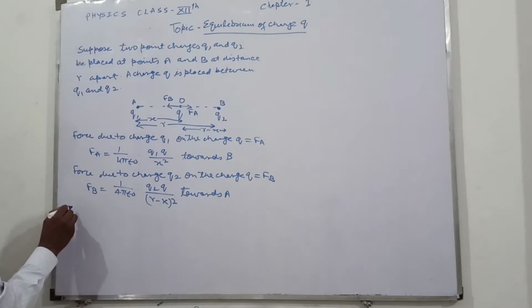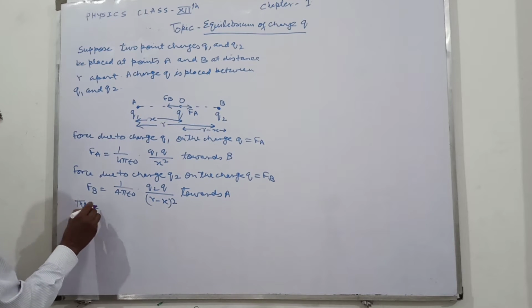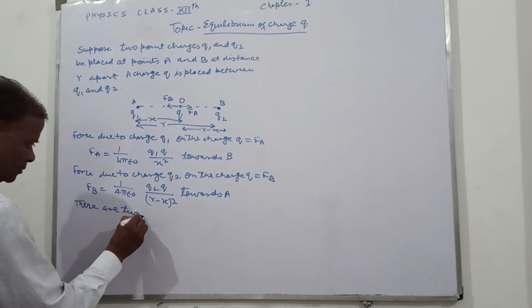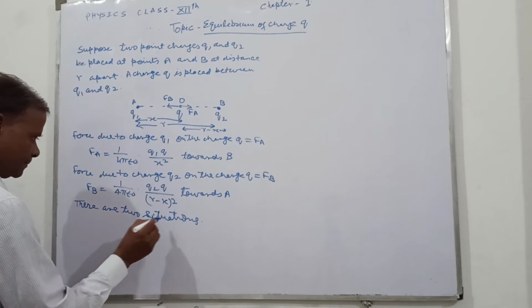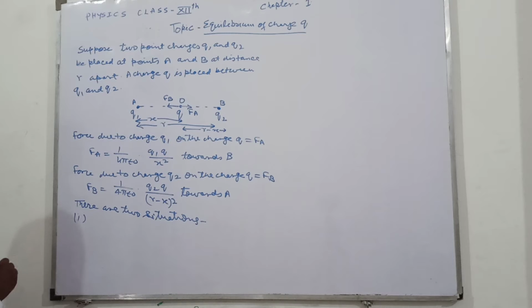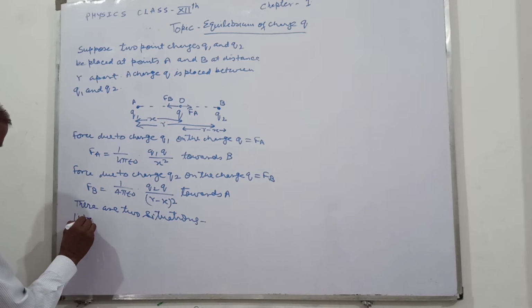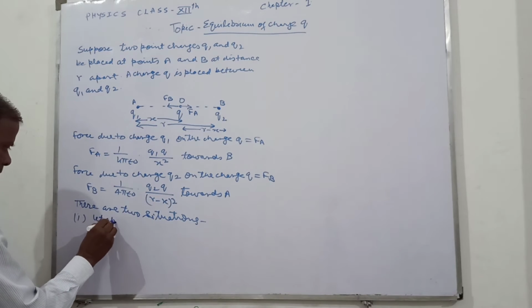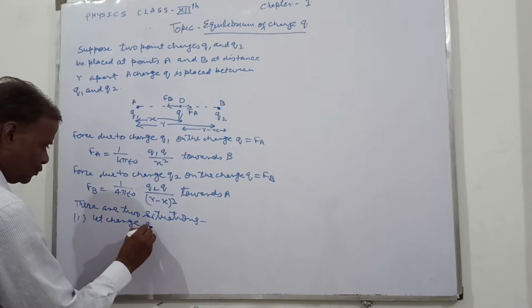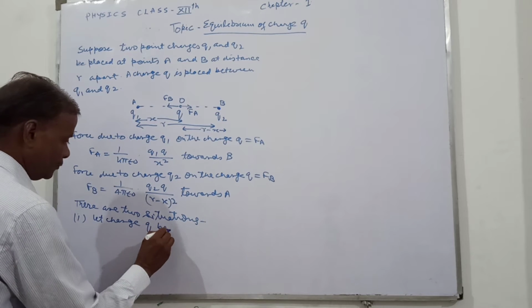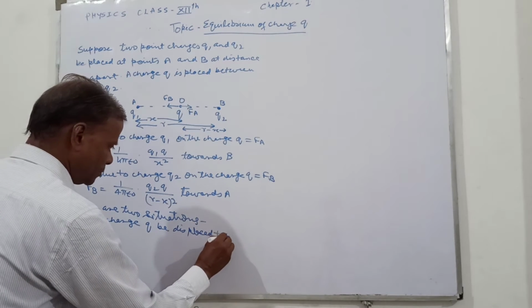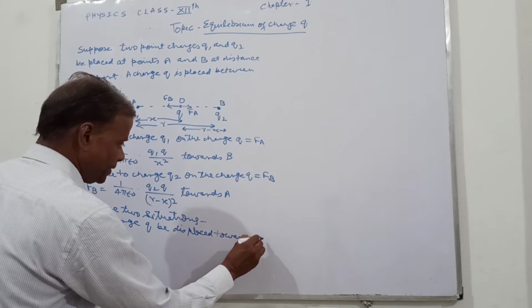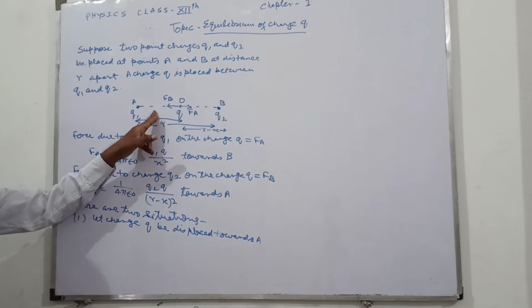So now there are two situations. Number one, let charge Q be displaced towards A, towards A on this side.